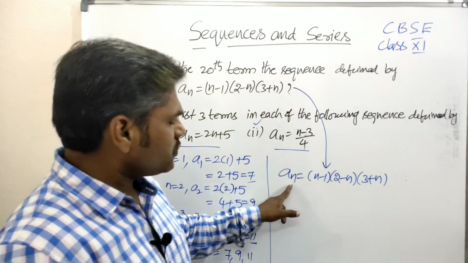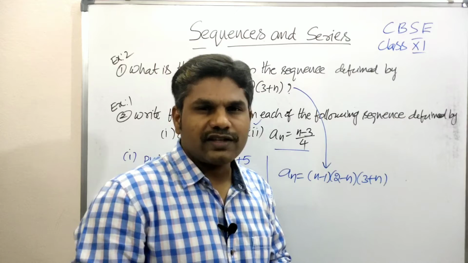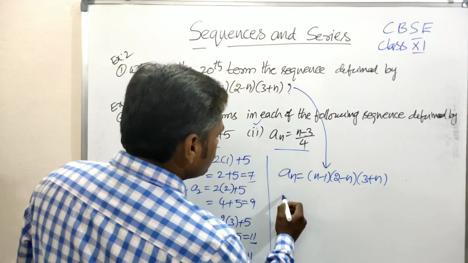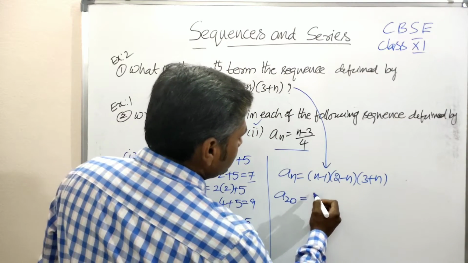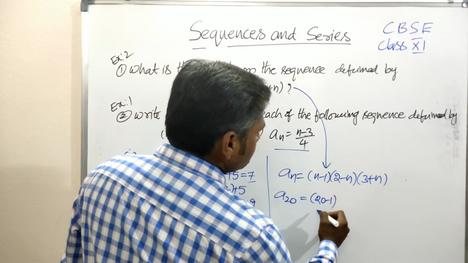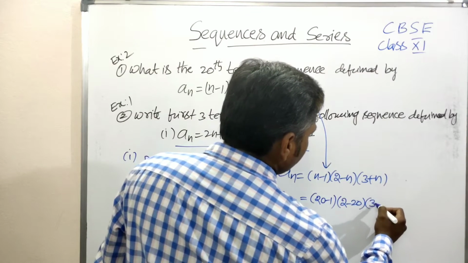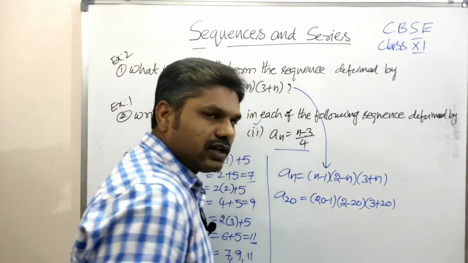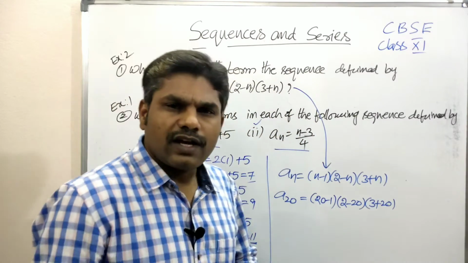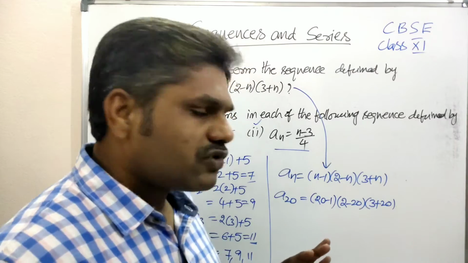If you put n equals 20, you will get the 20th term, very simple. So a20 means (20 minus 1) into (2 minus 20) into (3 plus 20). Wherever n is there, I am simply substituting n equals 20.